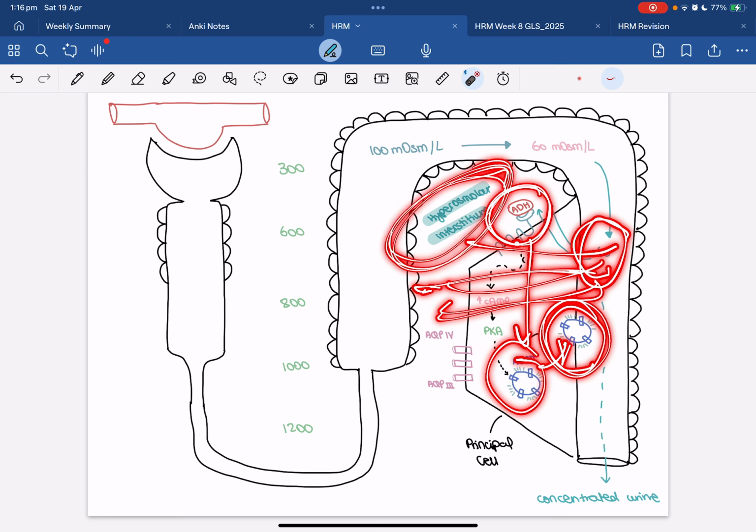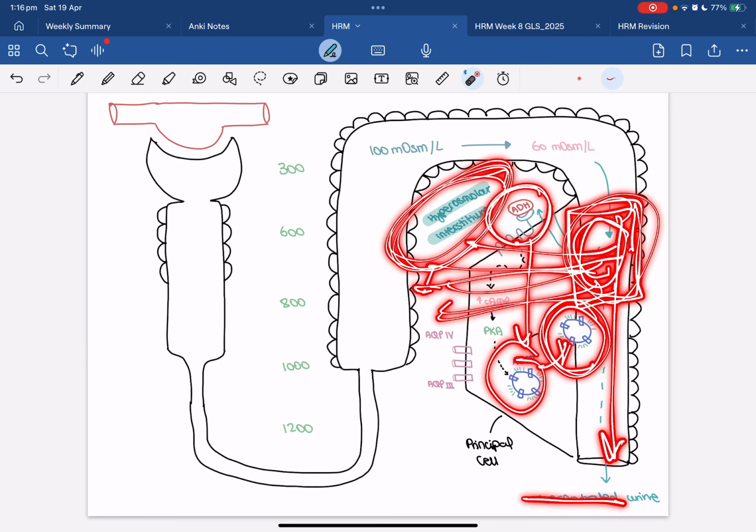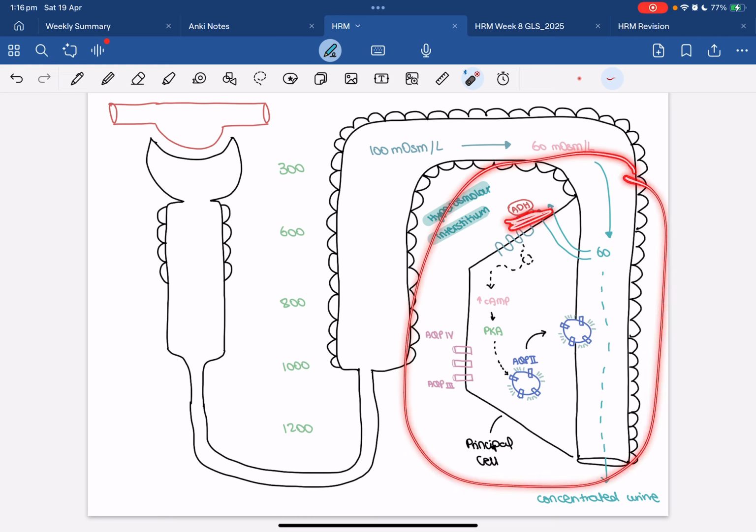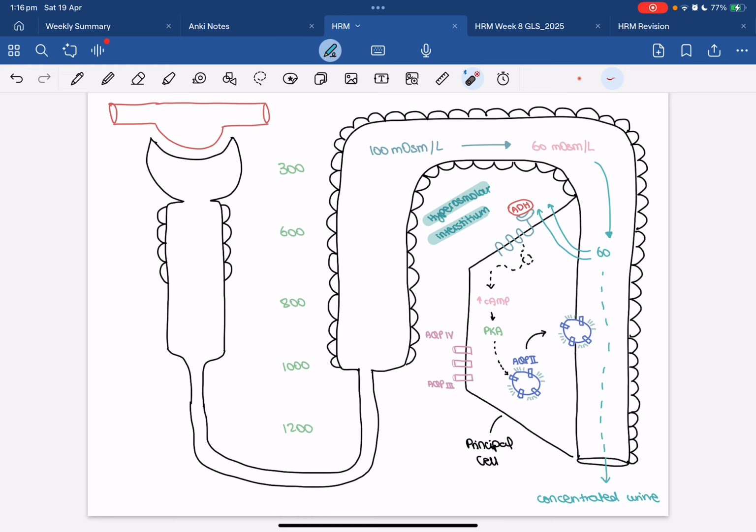So the hyperosmolar interstitium is going to stay hyperosmolar, and the water hasn't gone out, and so you get diluted urine. That's how you can see that ADH plays a big role in the concentration or dilution of urine.